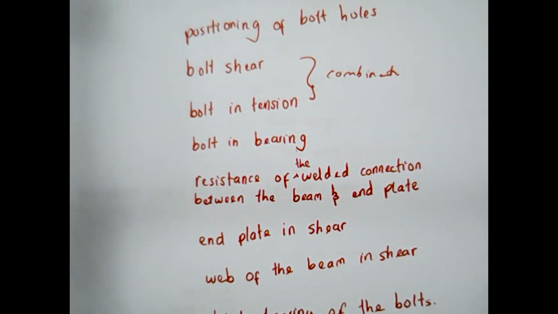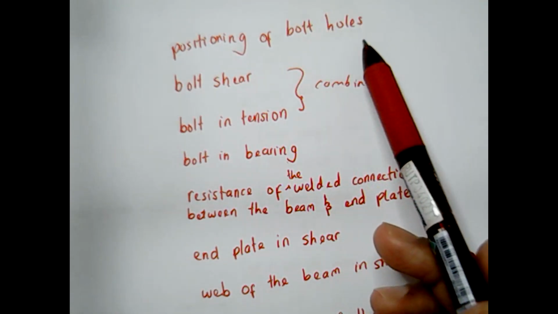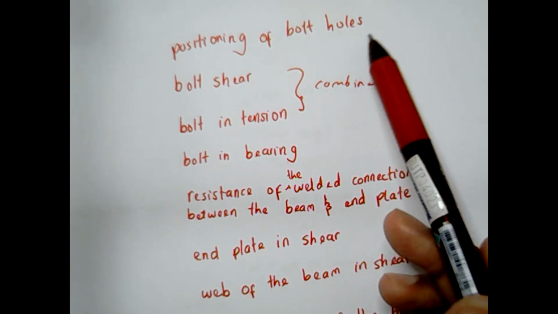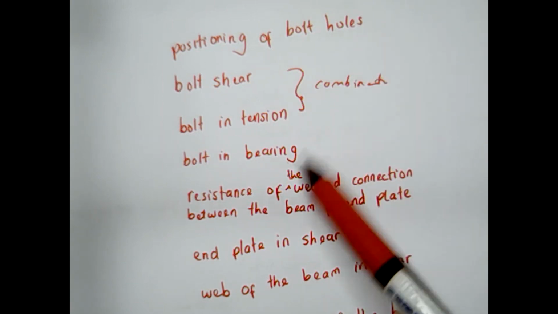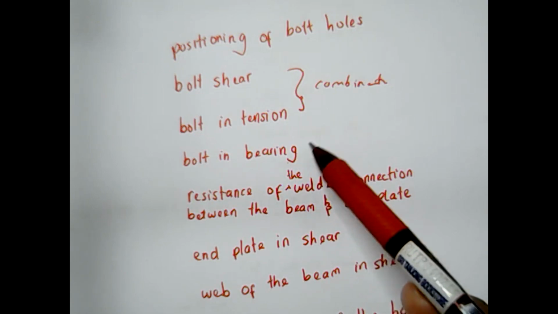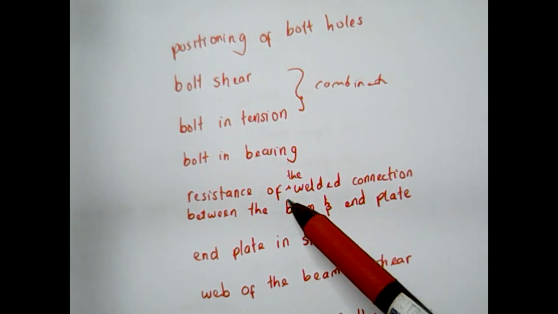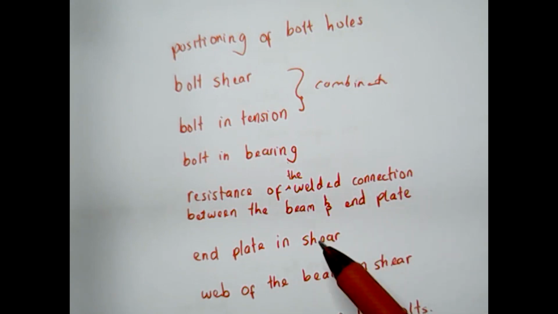However, for the sake of the examples, how to check the positioning of bolts will not be shown in these examples, as it has been shown many times in other examples. And bolt in bearing also will not be shown, because it has been shown in the other examples as well. And the resistance of welded connections also has been explained in other examples. End plate in shear and web are also in other examples.